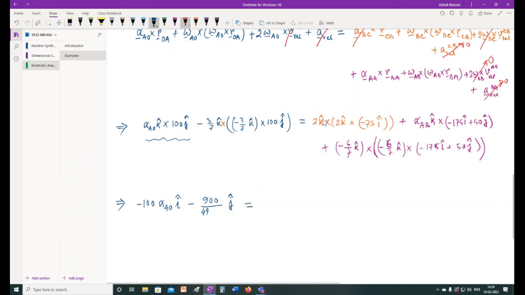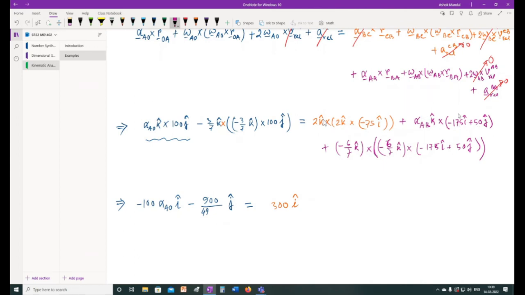Now tell me what is the next quantity? 300 I. K into I is J, that is positive, and K into J is minus I. So that minus I and this minus cancel, giving 300 I. Next term, say one by one.